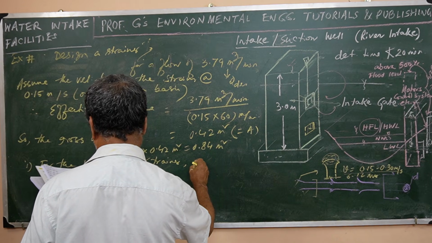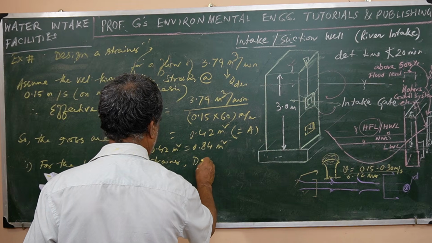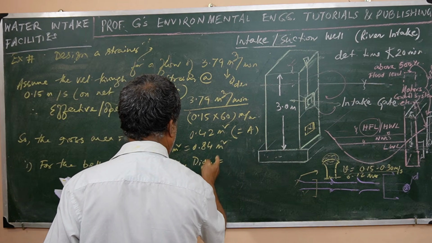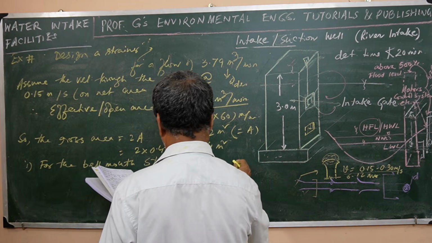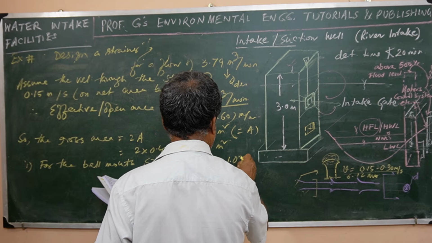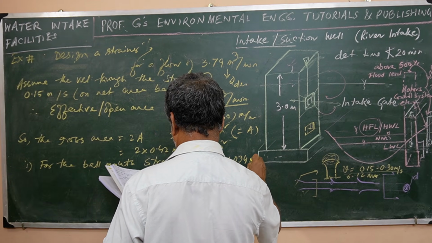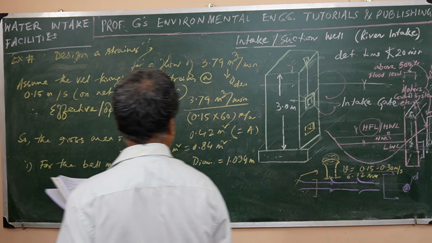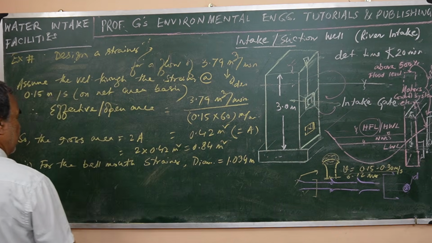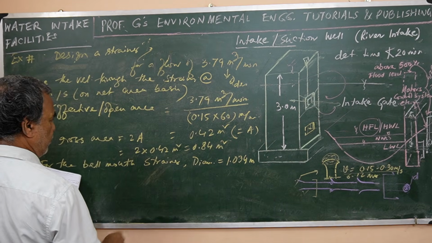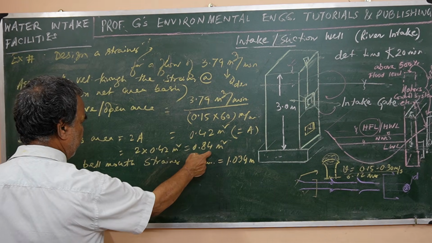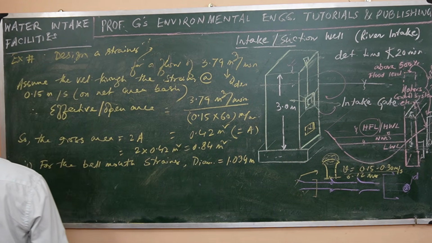The diameter is calculated as 1.034 meter or so, by applying pi d square by 4 and equating that area to 0.84.